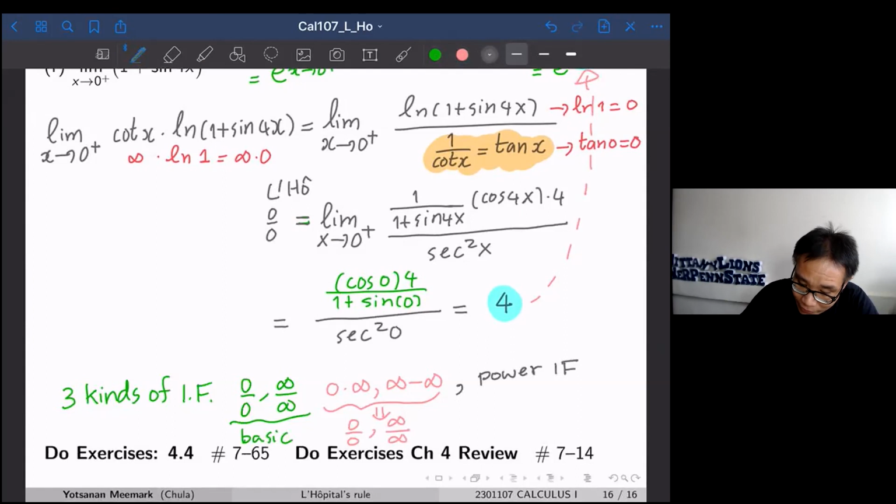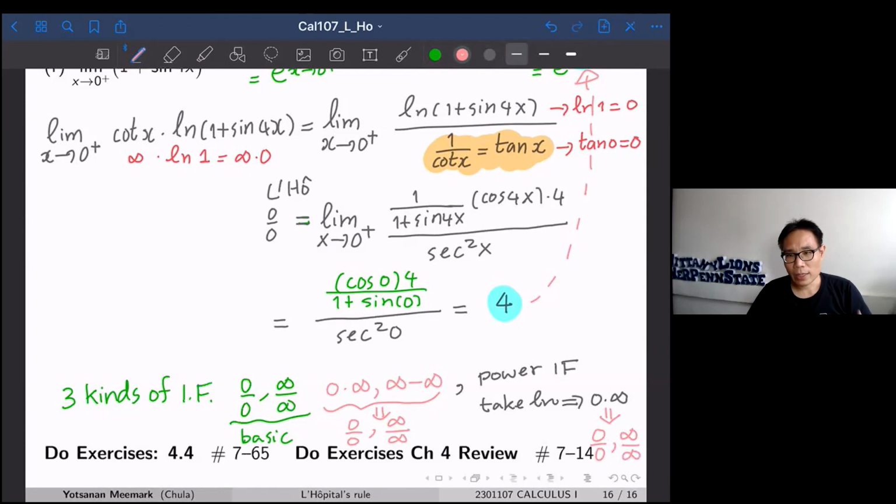So for the power ones, you take log, and you would get 0 times infinity. You convert this into the second type, 0 times infinity, and that converts to 0 over 0 or infinity over infinity.